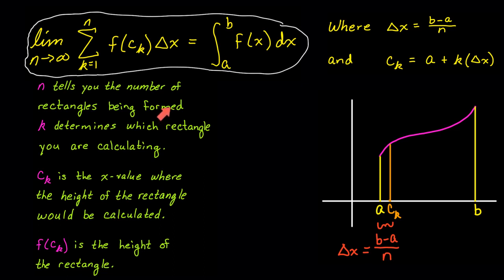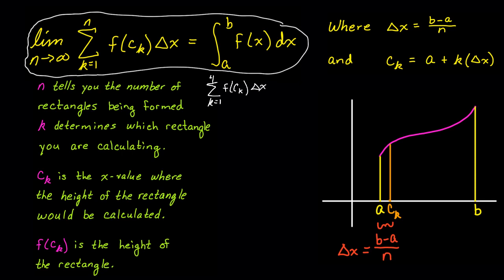All right, so let's think about this for a second. Not n going to infinity, but let's say that we had a sum going from k equals 1 to 4. What this would mean is that we are going to be filling up this space or region with 4 rectangles. And right here we have f of c sub k times delta x.